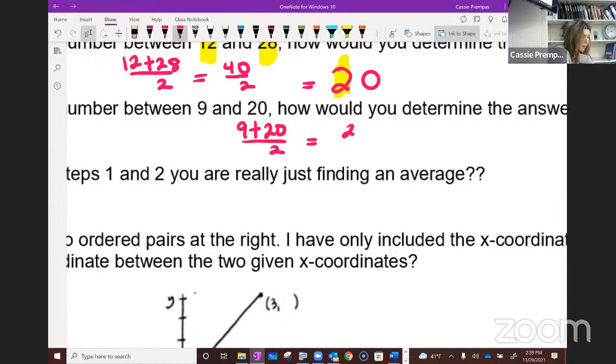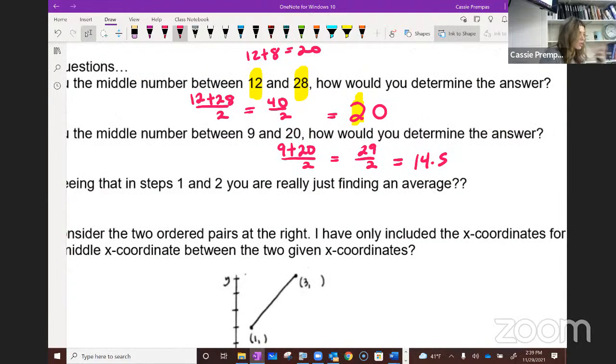What's 29 divided by 2? 14.5. Now, if you thought of it a different way, do you see how this still works? You could add those two and take half to find the middle. When you are finding the midpoint, that's essentially what you're doing. All you're doing is finding an average. You're finding the middle between two x's and the middle between two y's.